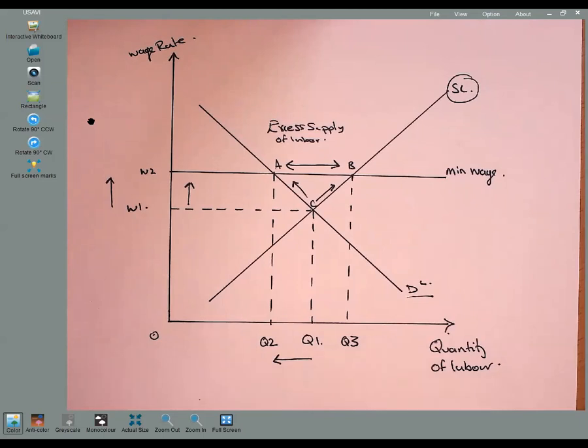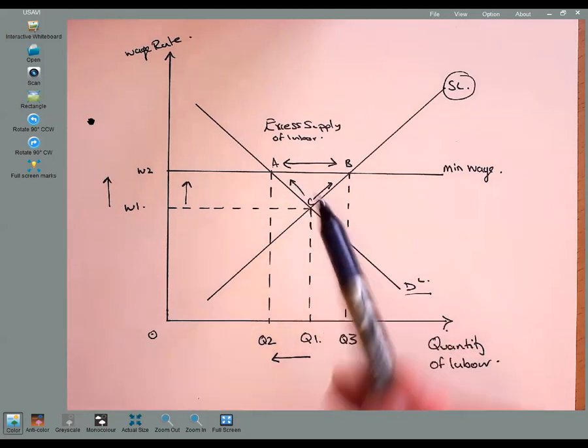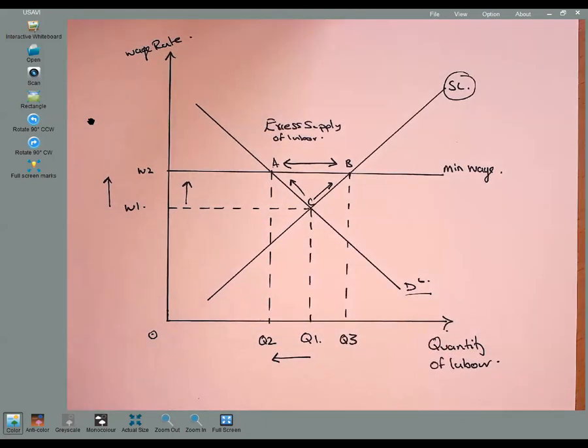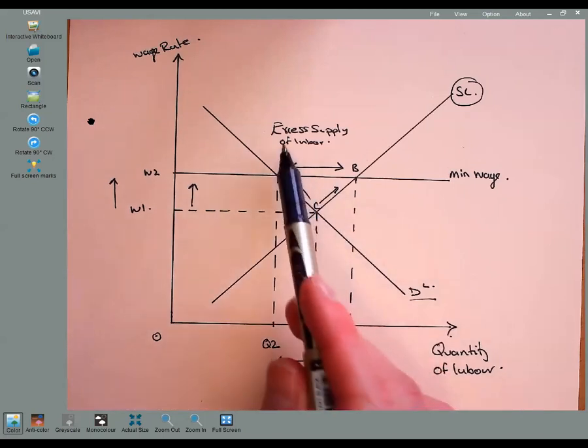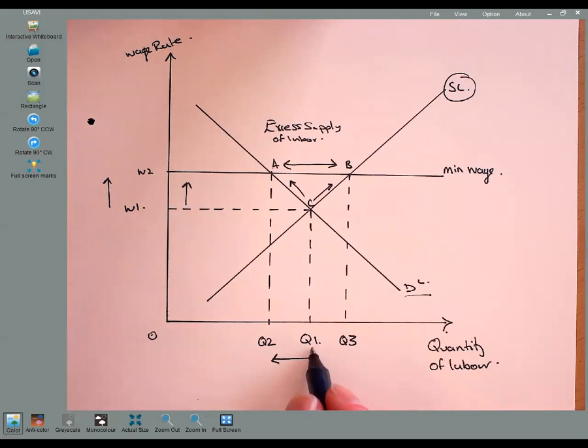In relation to the labor market, wages increase, more people want to work, but firms are demanding fewer employees. So the issue here is that we've got excess supply of labor, also known as a surplus of labor, but from Q1 to Q2, we have unemployment.